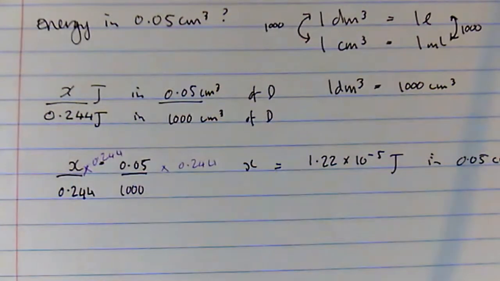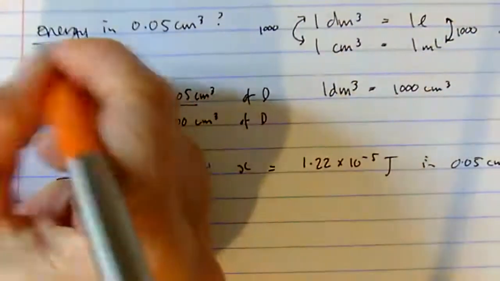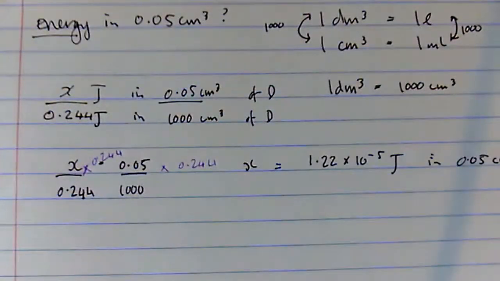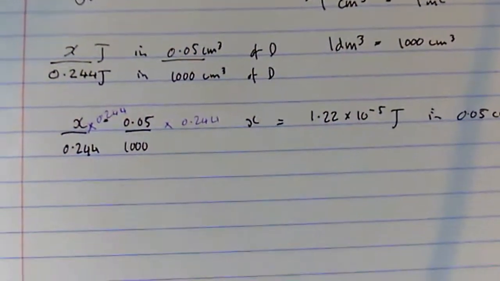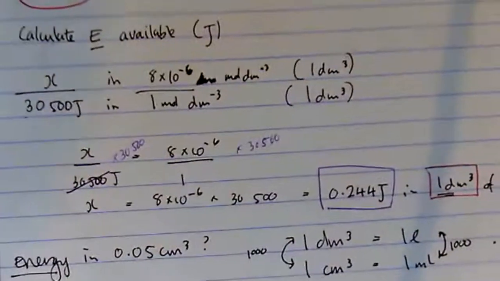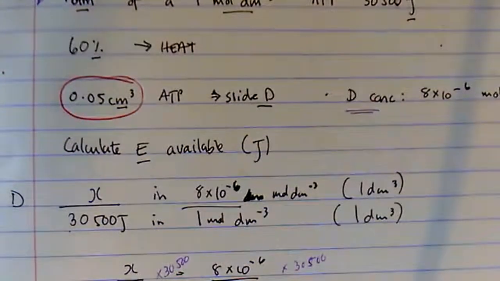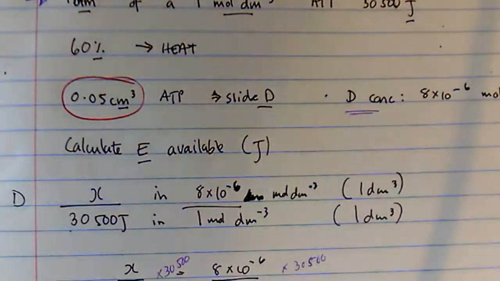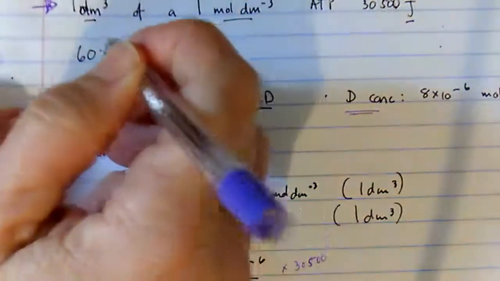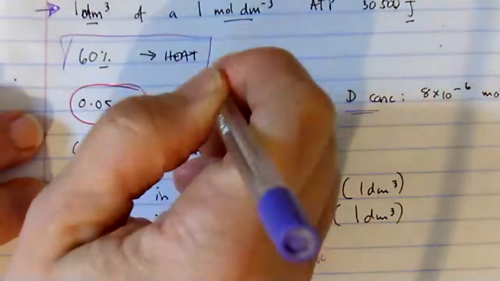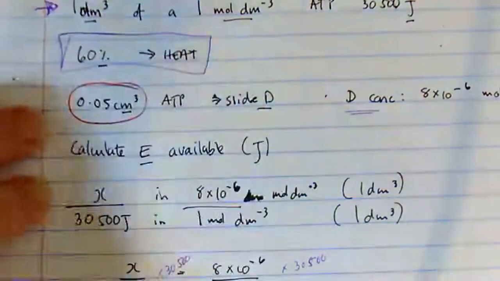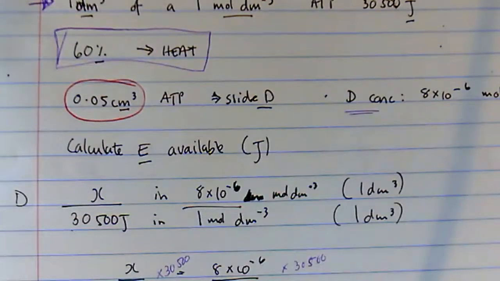Okay, so we still haven't got to the end of the question, right? We now need to use the information that was given to us at the beginning, where they said that 60% of the energy is lost as heat.